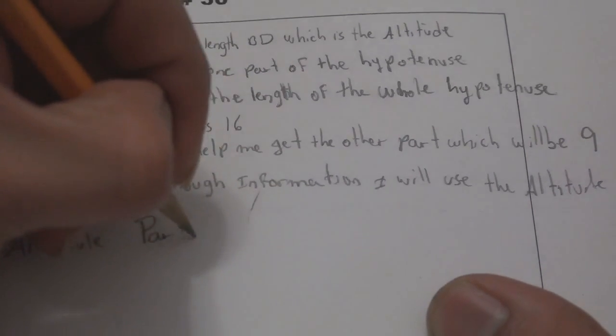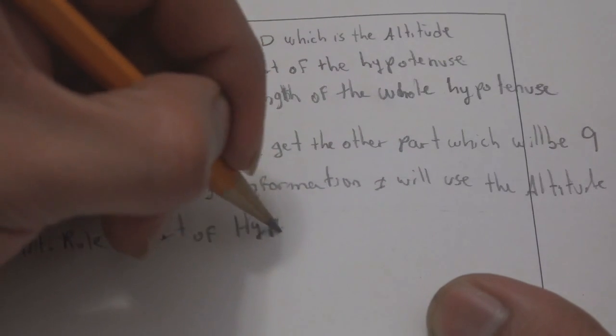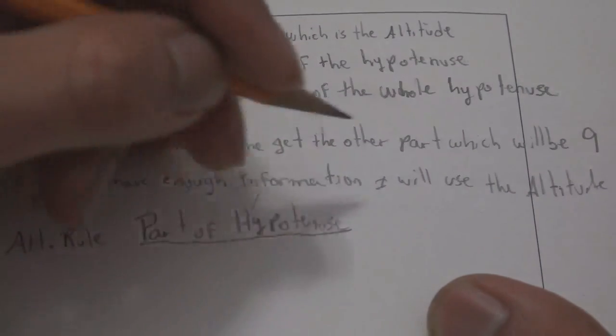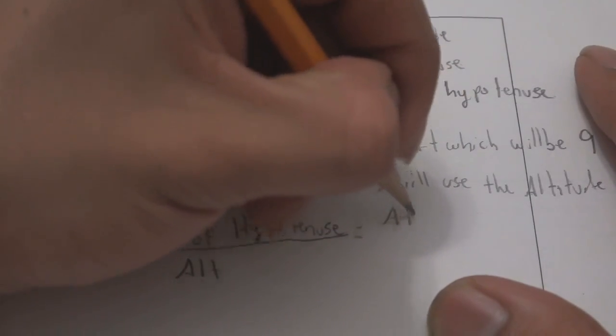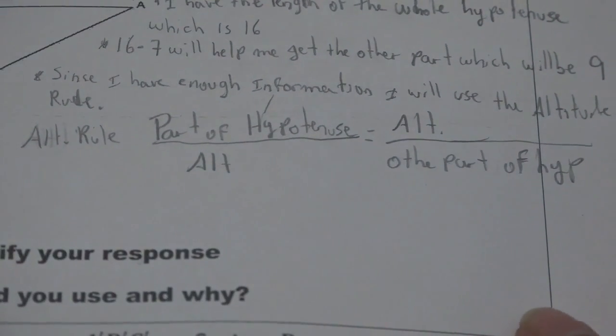Part of hypotenuse, well, you could look it up in your package and you'll see, over altitude, right? Equals altitude, because the altitude is the mean proportional, over other part of hypotenuse. Yes? Okay then. Now I can start working.